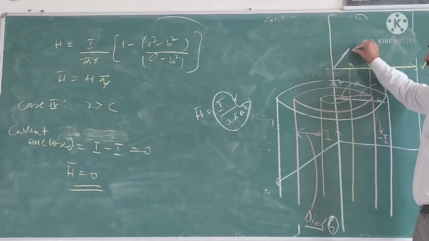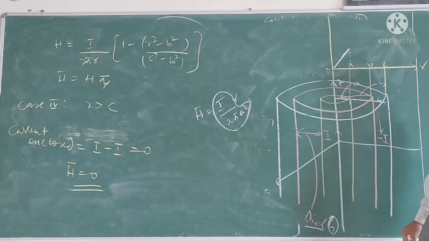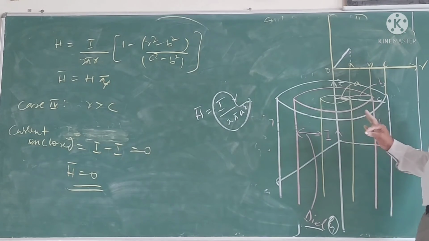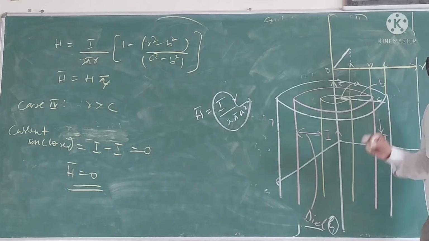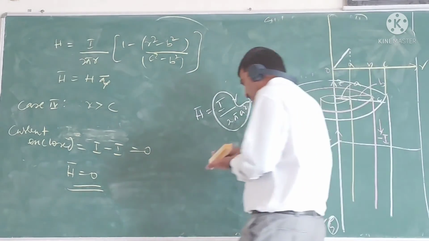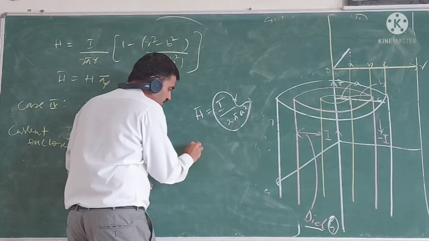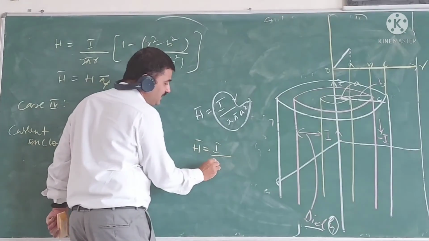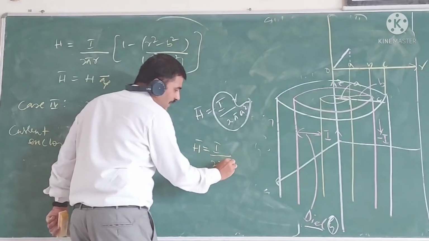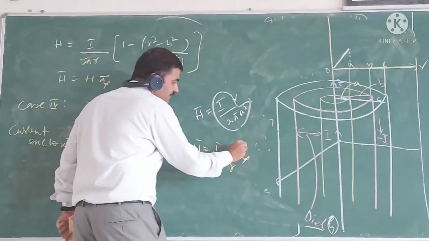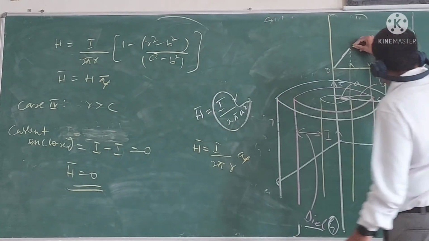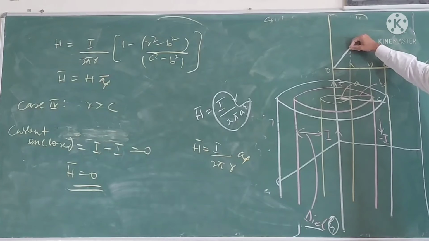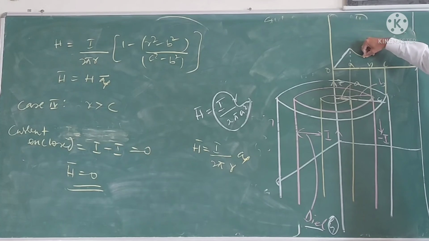It is like this. At R equal to a, it is I divided by 2 pi a. Then what is the second equation, case 2? I divided by 2 pi R. Is it decreasing? It is inversely decreasing.